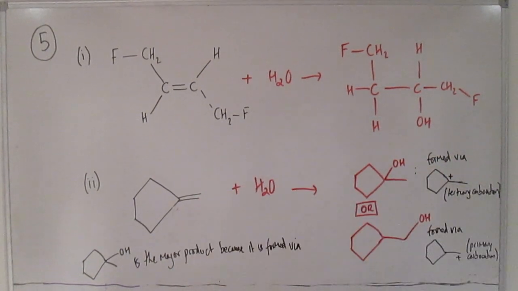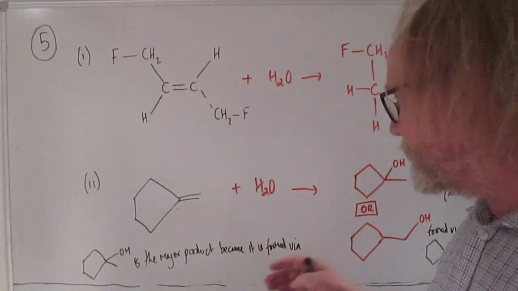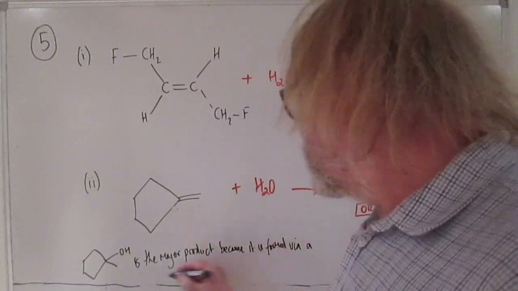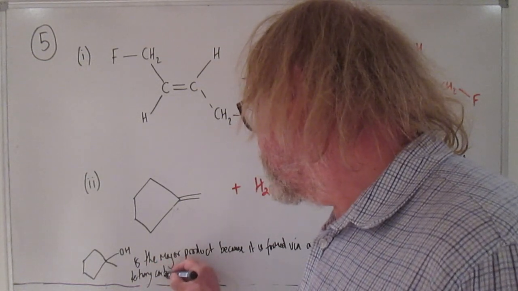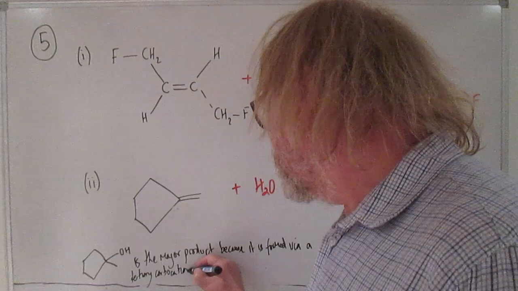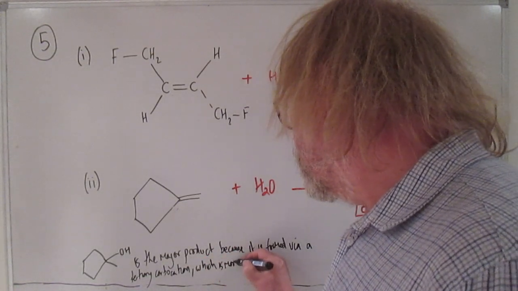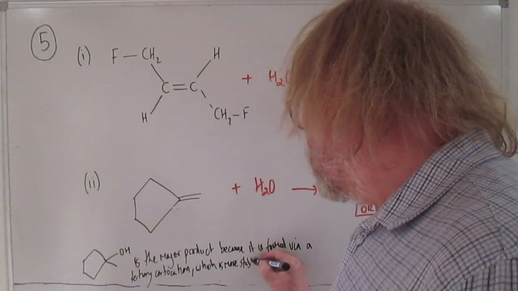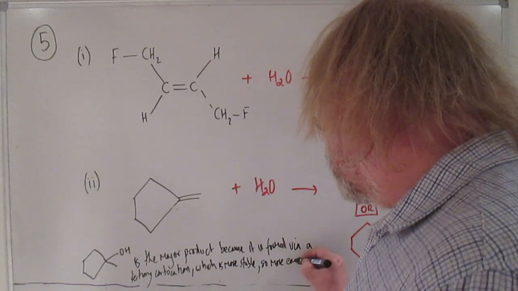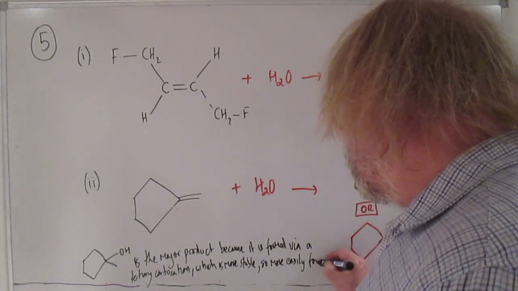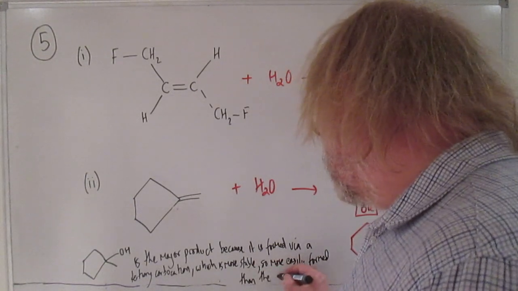I mean, it's not a carbocation, it's formed via a tertiary carbocation. So you've got to get the wording right here. Formed via a tertiary carbocation, which is more stable, so more easily formed than the alternative primary carbocation.